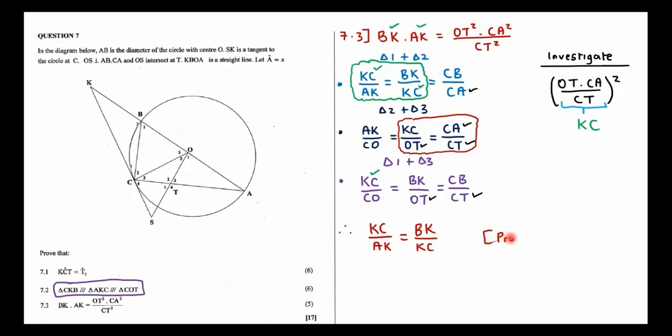Then the reason for this, of course, is going to be proportional sides of similar triangles. Then from there, you can see that this is where we're getting KC squared being BK times AK. So I'm just going to write it as BK times AK is equals to KC squared.